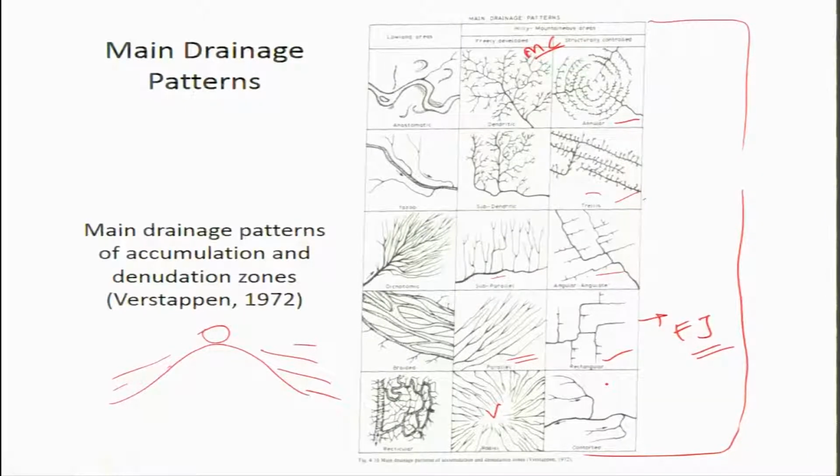Okay, so these are the main types of drainage patterns which you should remember, and we will use them for our practical purpose, and you have to identify them, and we can also give you some image in the exam where you have to identify different types of drainage patterns.